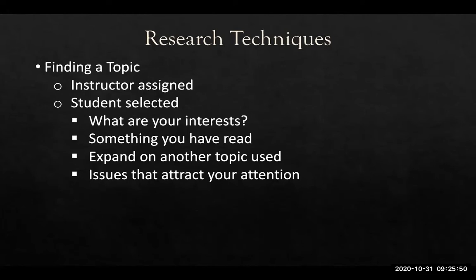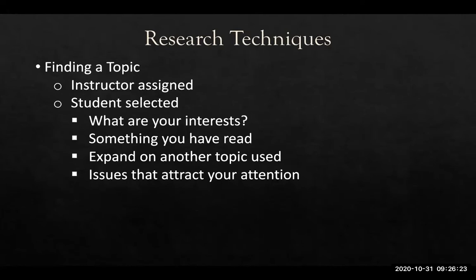Or if you wanted to talk about the civil rights movement, you wouldn't just have an essay or a research paper on the civil rights movement. I mean, there are books written on the civil rights movement. So you don't want to write an essay or a research paper just on that. You want to narrow it down to a particular part of the civil rights movement. Maybe the 1964 Civil Rights Act that was passed, or the 1957 Civil Rights Act, or a particular march, the Selma to Montgomery March, or something that happened.